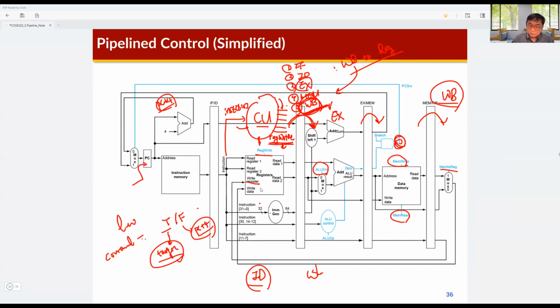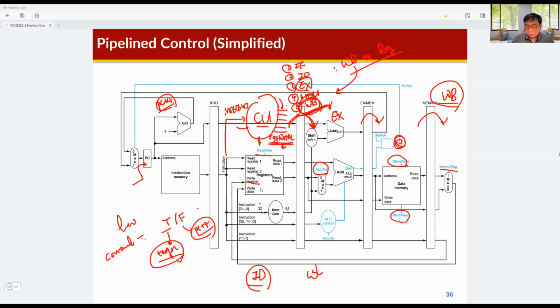The basic idea is very simple. As I explained, if a certain control signal is required at a certain stage of the pipeline architecture, then we can adjust the timing of this control signal by making the signal delayed by pipeline register.